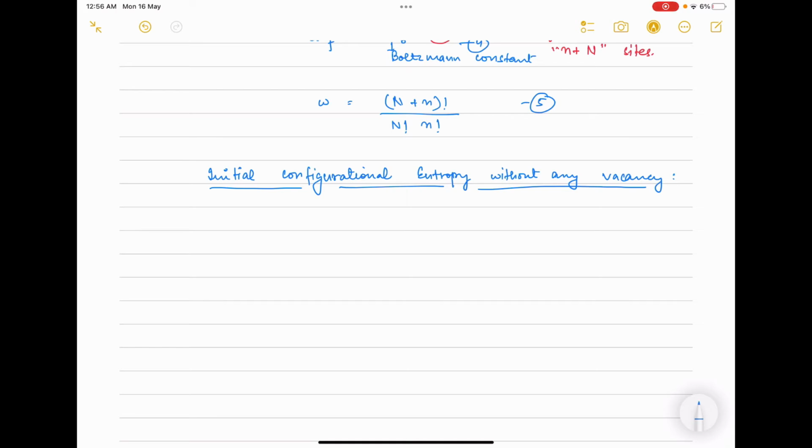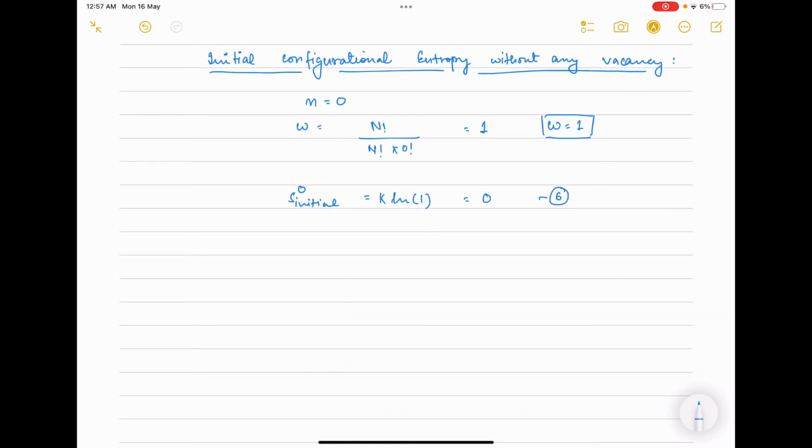Since there are no vacancies, n is equal to 0, so omega becomes N factorial by N factorial times 0 factorial. So this is 1, so omega is 1. There is one single perfect arrangement. So S initial for 0 vacancies becomes k ln 1. So ln 1 is 0, so initial entropy is 0. This is equation 6.